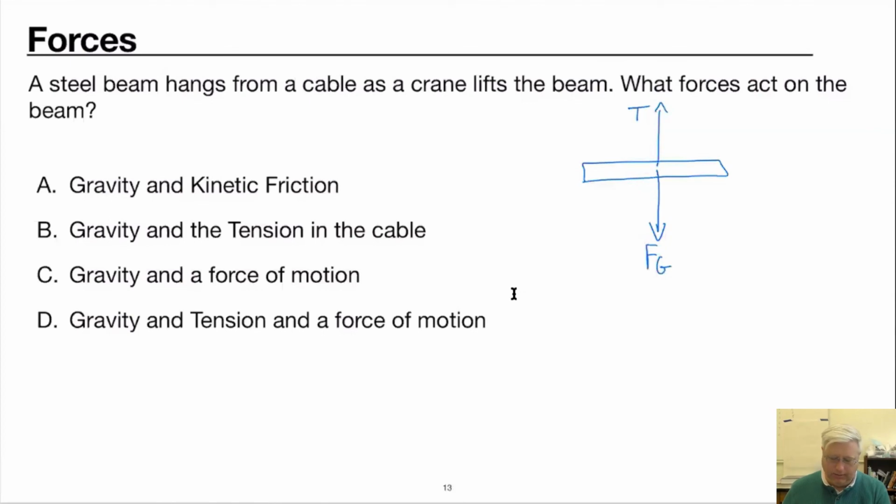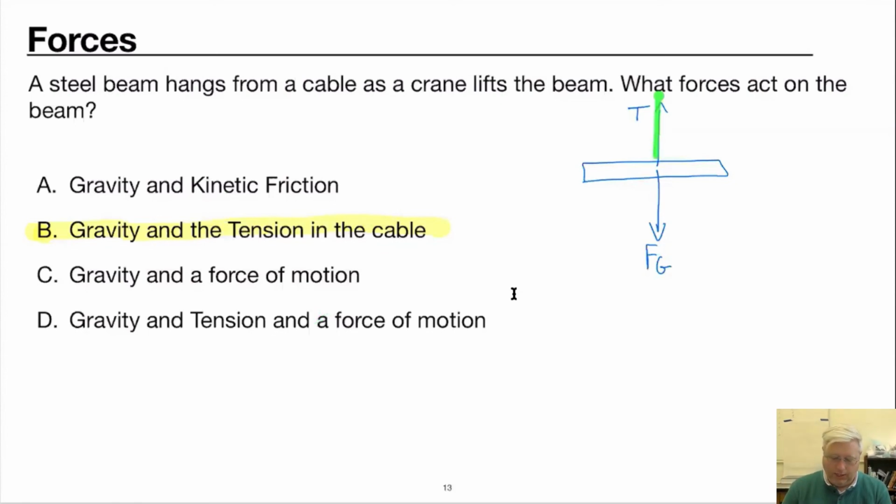So what forces act on it? Okay, so the best response here is B, gravity and tension in the cable. So if you thought, well, why not a force of motion? Well, if you looked at all the forces that we learned about in this lesson, there's no such thing as a force of motion.